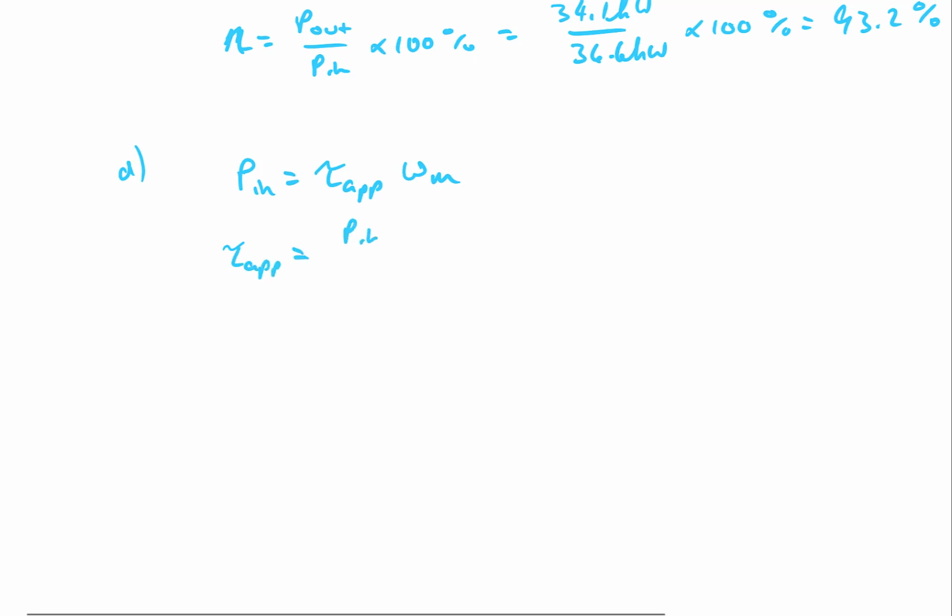The applied torque is equal to P in over omega m. And back when we found the speed, we converted it to radians per second. So here we are at P in from the previous part of the problem, 36.6 kW, and speed 125.7 radians per second. So it's important to remember that when you're using this equation for torque, you need speed in radians per second. At any rate, this is equal to 291.2 Newton meters.